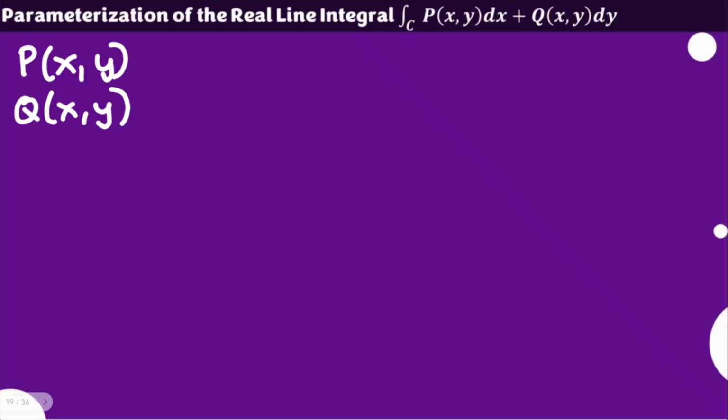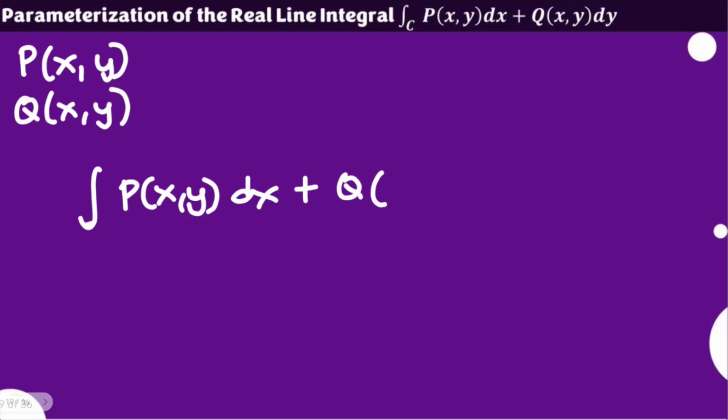So our integral of P(x,y) dx plus Q(x,y) dy along our certain path C, we of course need a certain function which is a parameter of variable t.